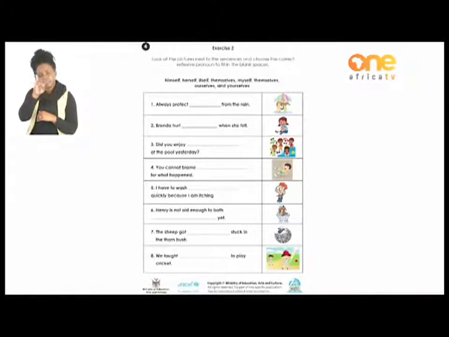Now you are going to look at the pictures and determine which reflexive pronoun will fit in the blank space. I'll do one example for you. Always protect yourselves from the rain. Always protect yourself from the rain. That is number 1. Moving on to page 7.